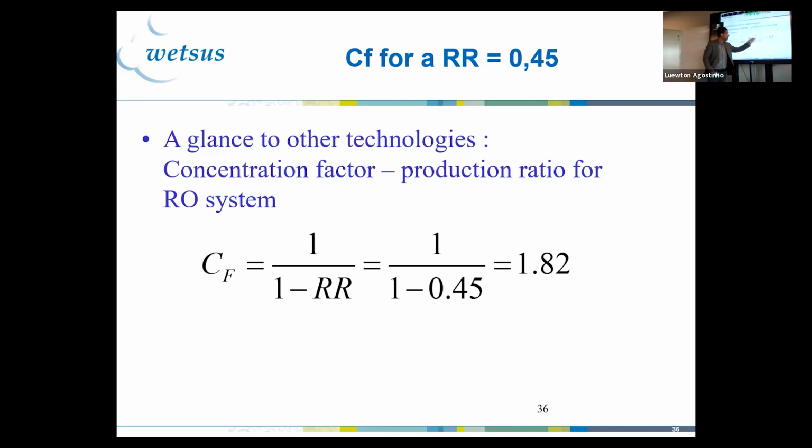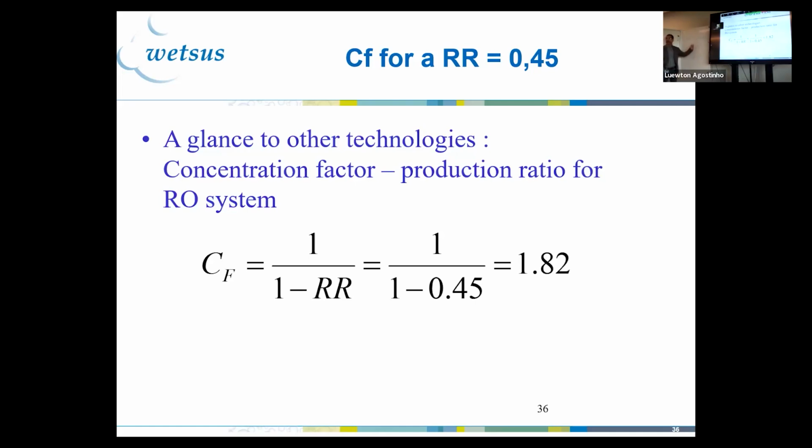And then you're going to have 45% of recovery, which means that for every 100 liters that you put in your system, you get how many back? If your recovery rate is 45, then you put 100 liters in, you get 45 liters out, treated, and you get how much, right? 55, right?